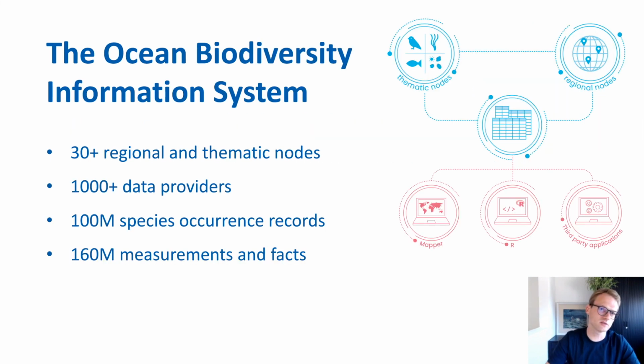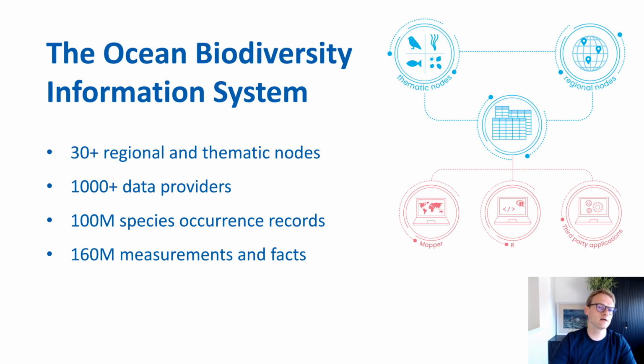A few words about OBIS. OBIS was established during the Census of Marine Life and has since grown to a network of over 30 regional and thematic nodes. Our nodes collect and process data sets from over 1,000 data providers, and they publish them to the OBIS data system.